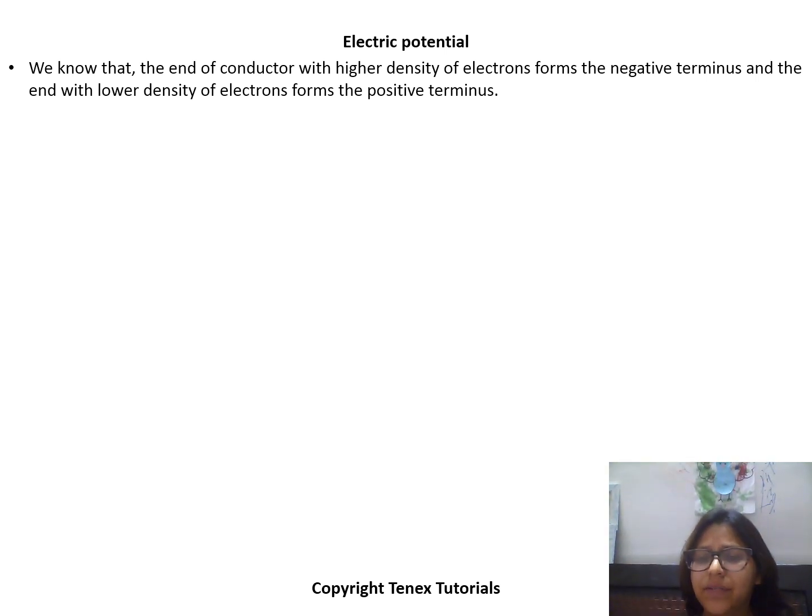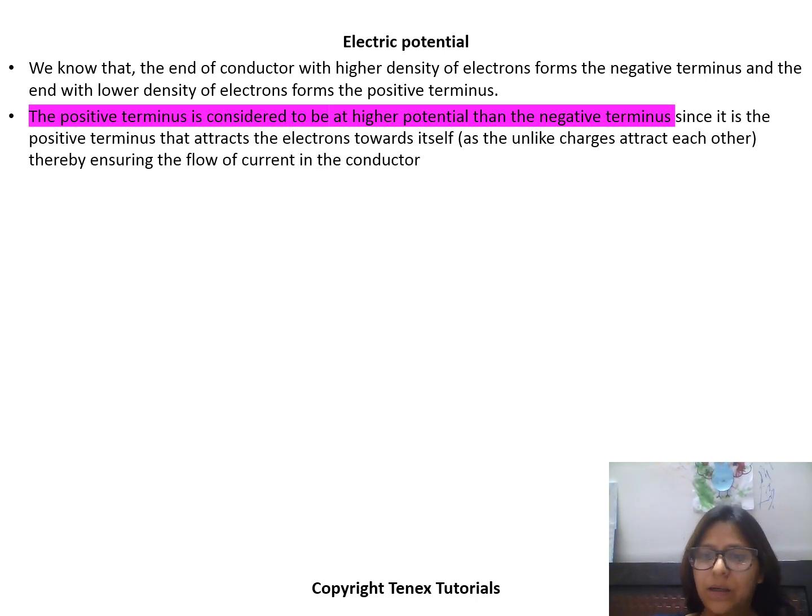This is something that we have studied in the construction of the battery or the cell also. Further, guys, it's generally the positive terminus that is considered to be at higher potential. So this is a convention that we use. One of the reasons for this convention could be that anything that is positive is considered to be greater than anything which is negative.